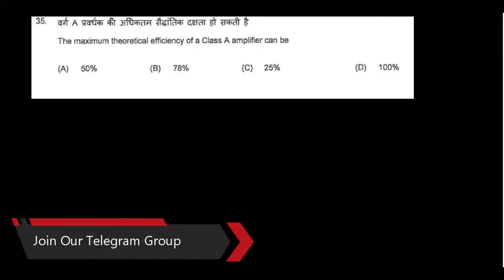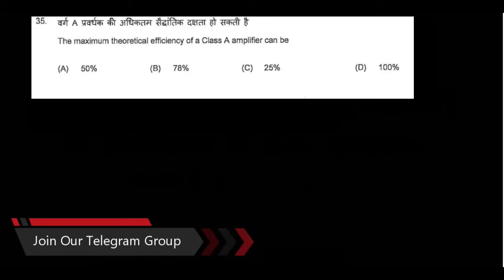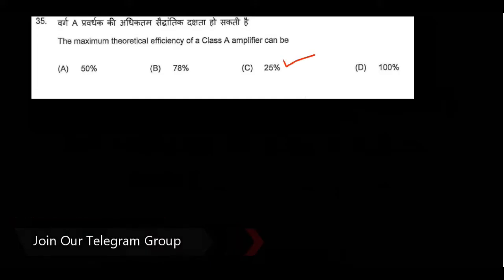Maximum theoretical efficiency of a class A amplifier can be. For a class A amplifier, maximum efficiency is 25%.